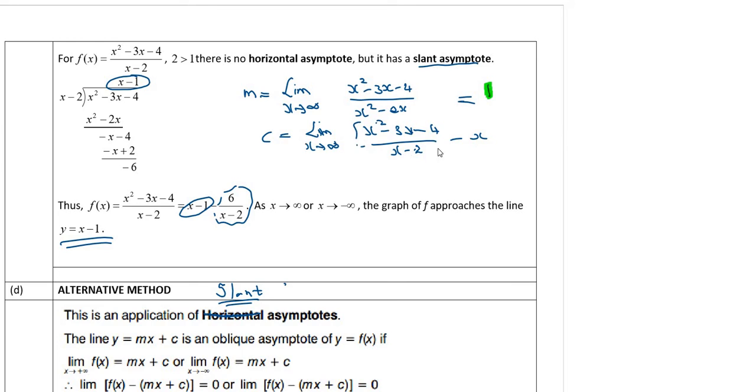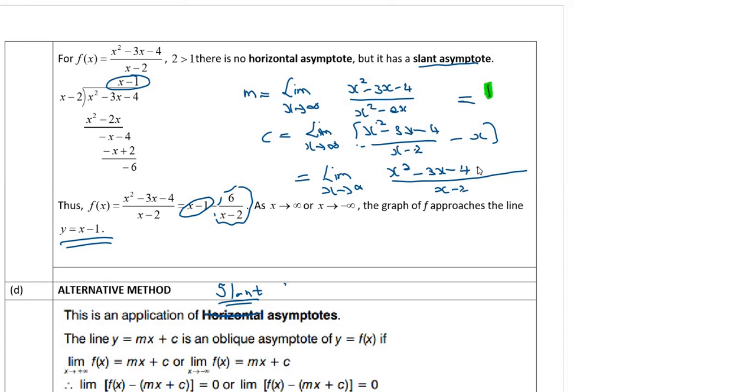So we're going to find the limit to infinity of this. This will be the limit where x approaches infinity of x squared minus 3x minus 4, and everything is going to be over x minus 2, of course, because we're making a common multiple.